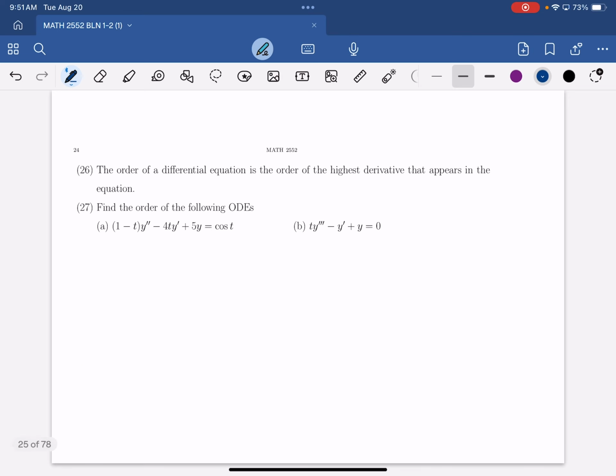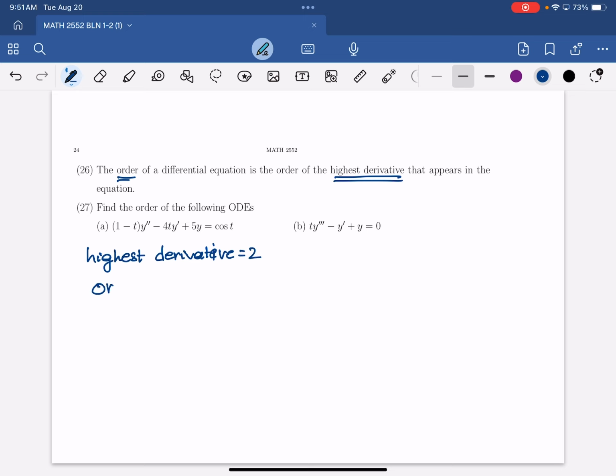The next thing I have is, what is the order of the differential equation? The order of the differential equation is the highest derivative in the equation. So in here you see the highest derivative is 2.